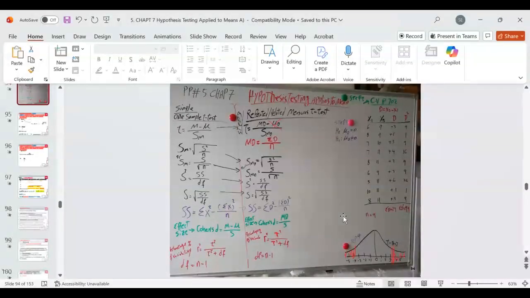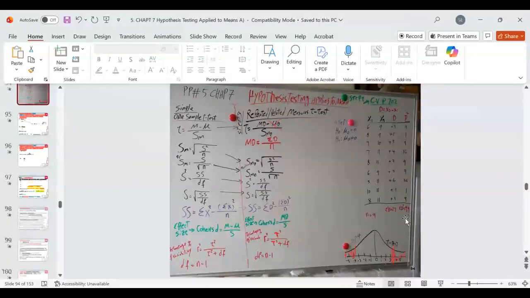Because in the past with the single sample t-test, we only had one set of samples. We had X. If you look at the formula for how to calculate the SS for the single sample, it was the sum of X square minus the square of the sum of X divided by N. So for tonight, repeated measure, SS is equal to, instead of X square, we have D square.